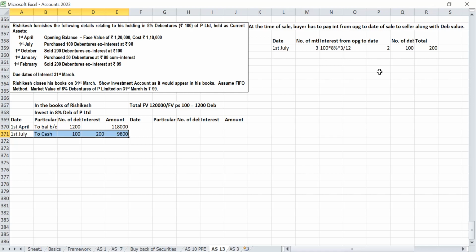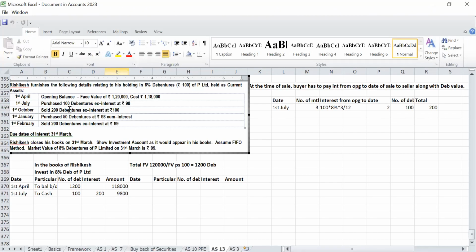Number of debentures 100 into 2, total 200. Amount is 100 into 98, sir. Super. Then first ignore the sales here. The sales we will consider later.